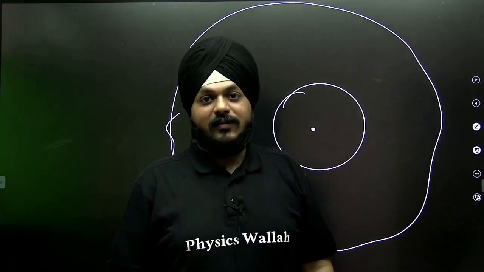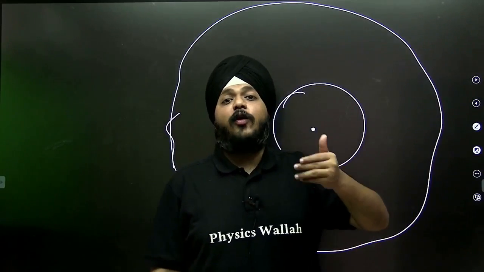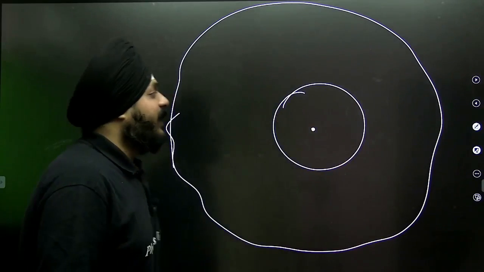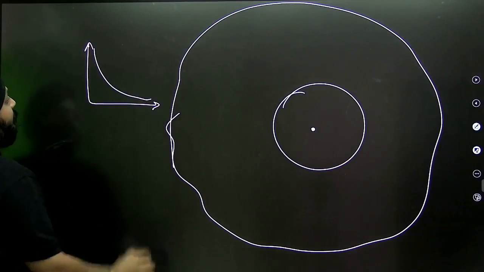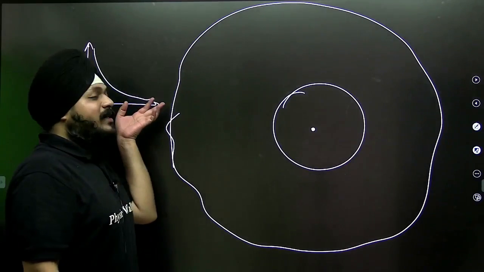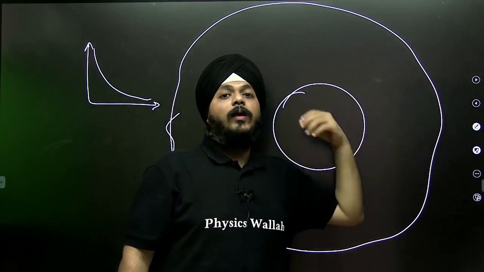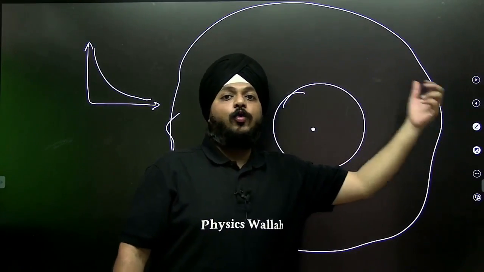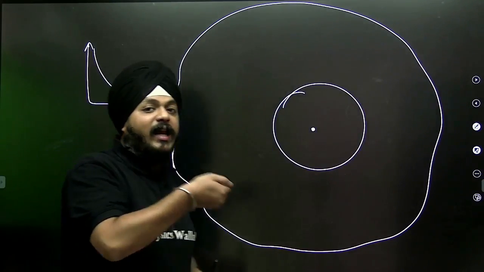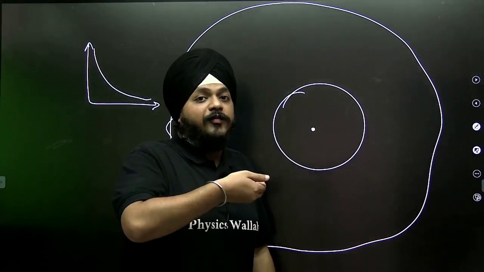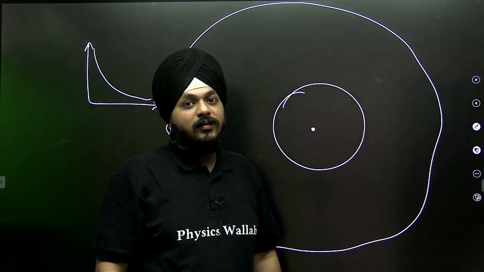it's not like that. While moving far away from the Earth, the value of the gravitational force decreases in this way. The graph is like this. If you are moving 1 lakh kilometers away, 2 lakh, 10 lakh, 1 million kilometers, 2 million, 100 million kilometers away, the value of the force, the value of the gravitational field, is getting nearly equal to 0.